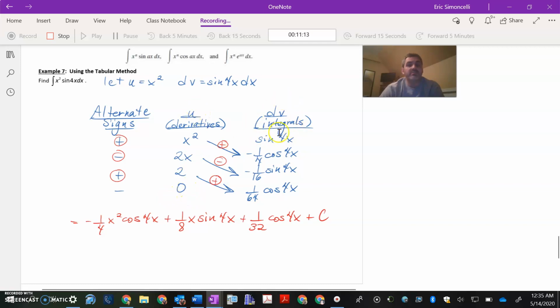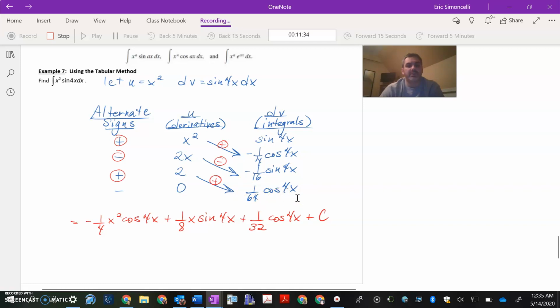When we do our dv integrals, we can most certainly take the integral of sine 4x dx. And if you do that, you'll get negative a fourth cosine of 4x. Take the integral of that, you'll get negative a 16th sine of 4x. Take the integral of that, you'll get 1/64th cosine 4x.